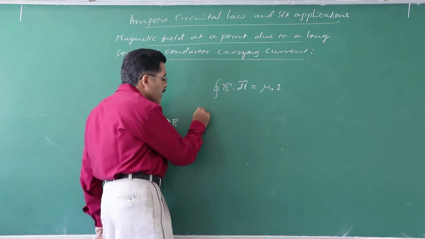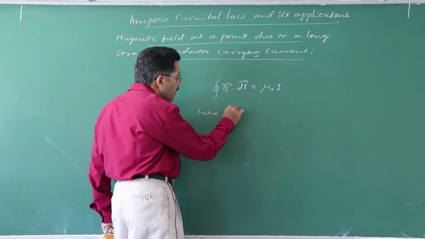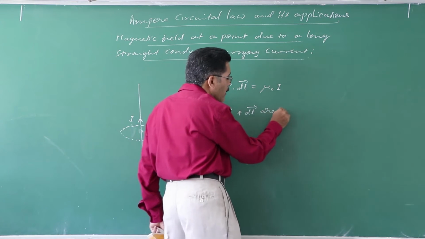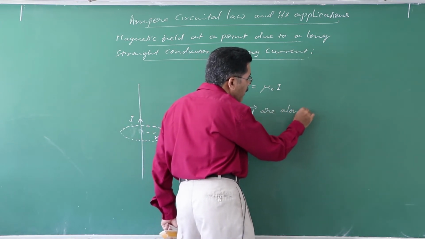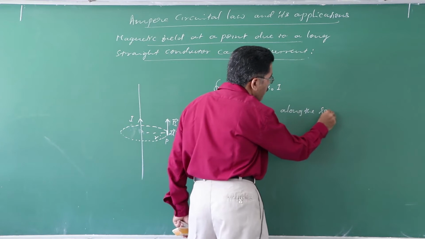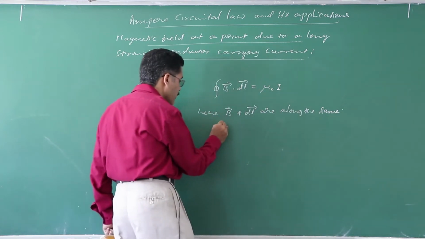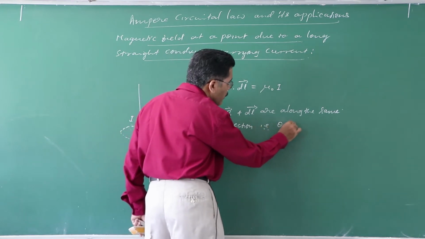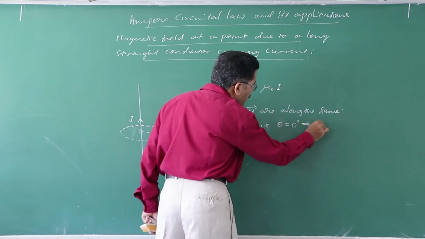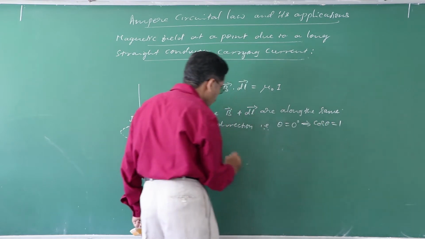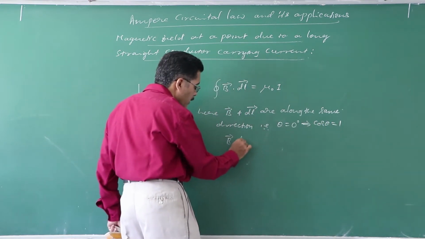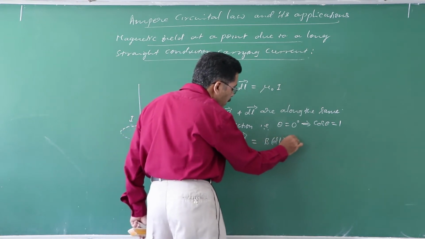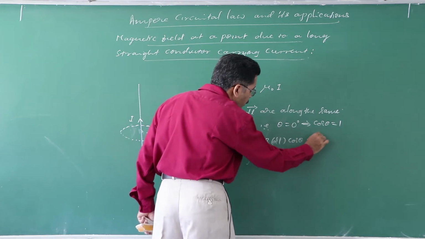Here B and dl are along the same direction, that is theta is equal to 0 degrees, which implies cos theta is equal to 1. Therefore B dot dl is equal to B dl cos theta, which is equal to B into dl.